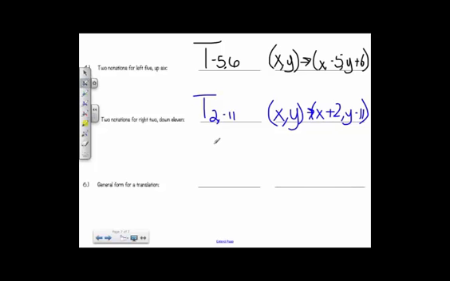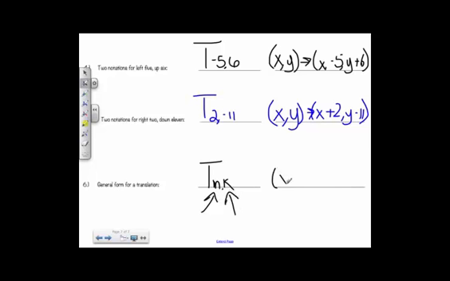Lastly, I just want to talk about the general form for a translation. So the general form for a translation would be capital T and then H, comma K, which means that you're changing horizontally H units and vertically K units.